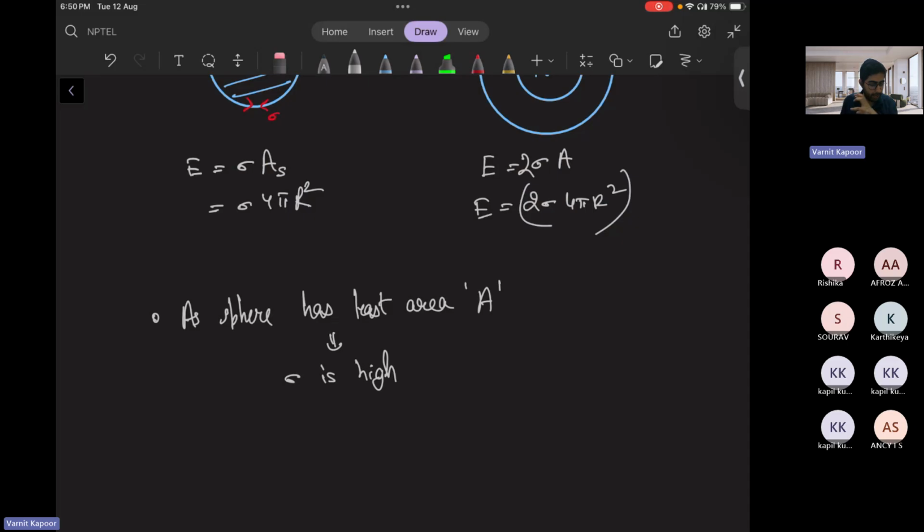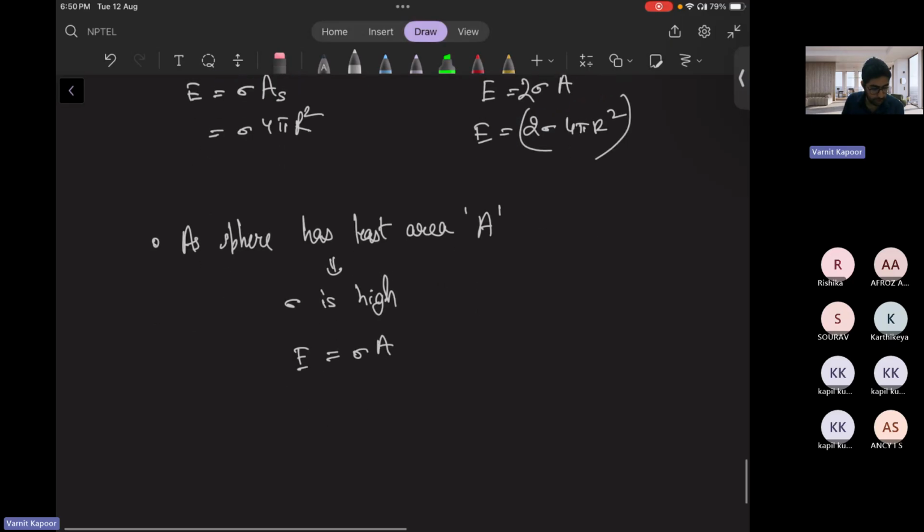Or you can say E, which is nothing but sigma into A, so energy will be less as area is less. So E is minimum for a minimum surface.